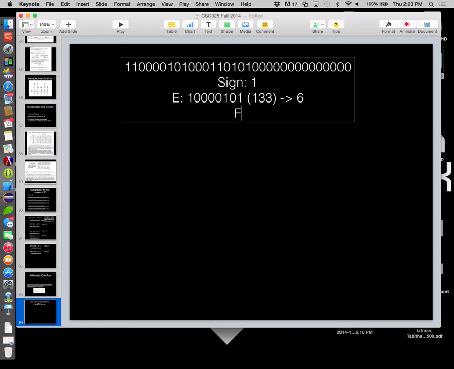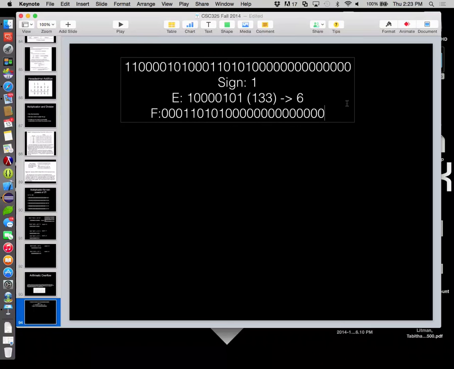All right, then the fraction portion is the rest. So this is 1, 2, 3, 4, 5, 6, 7, 8. So starting here. Good. That gives us a nice size number. So we got that.